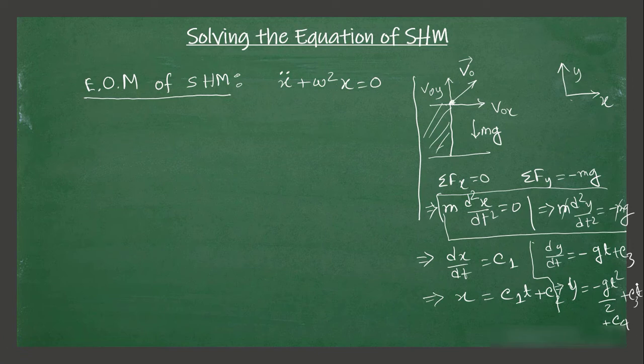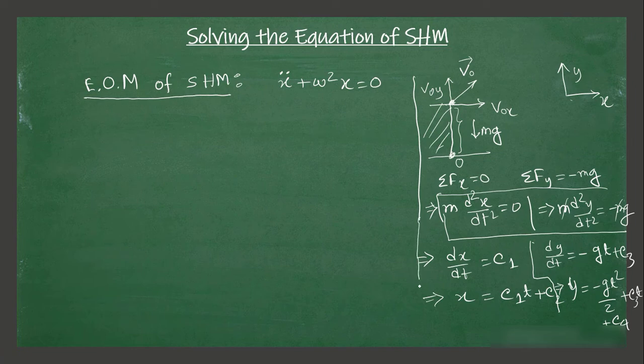Well, again you can see at time t equals 0, it is equal to y. That means it is the y coordinate of the initial position of this object. So if you consider this position here as your origin O, then this will be the y coordinate, which will be equal to this constant C4.